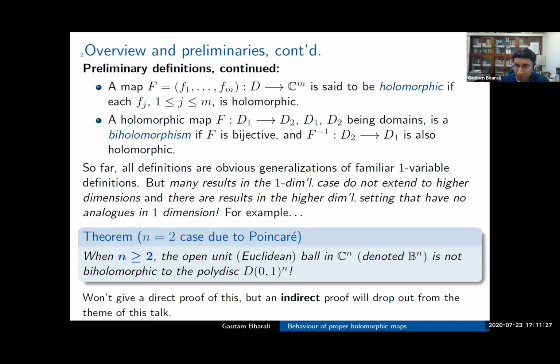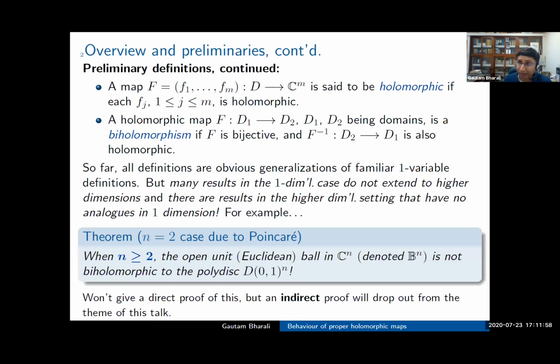But I also want to point out that the result that I have stated illustrates one of the first divergences from what you would expect in the complex plane. Namely, the unit polydisk and the round ball are both simply connected open sets. In fact, they are better than simply connected. They are even simpler. They're contractible open sets.